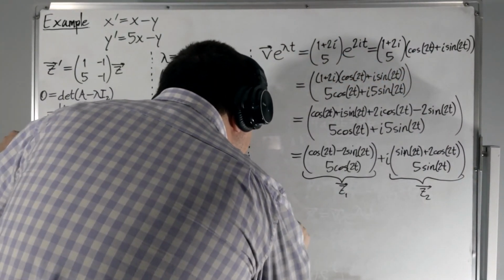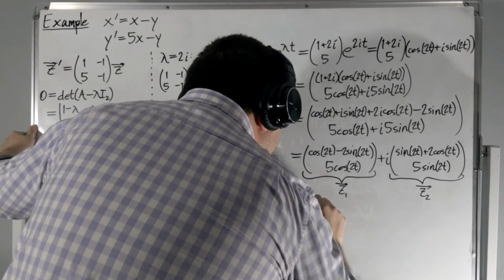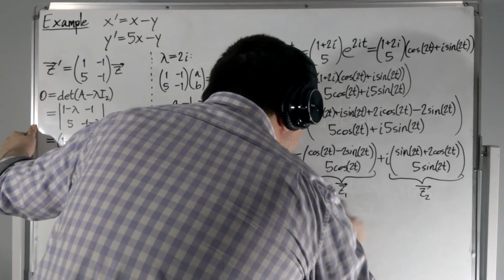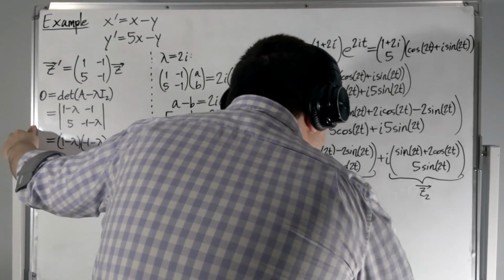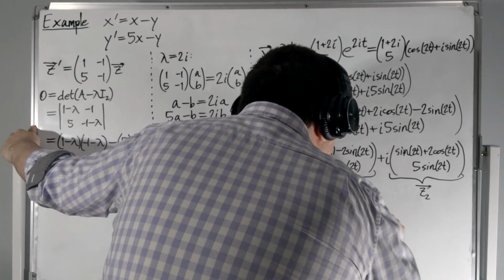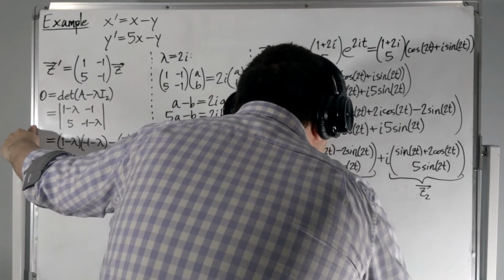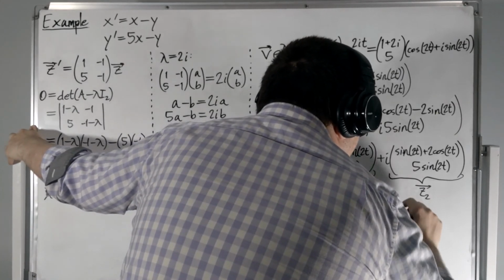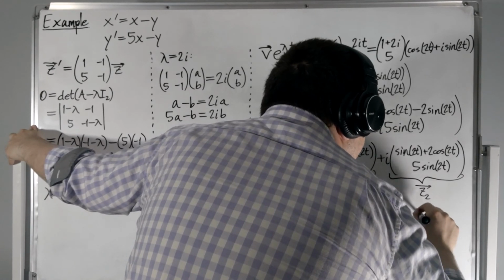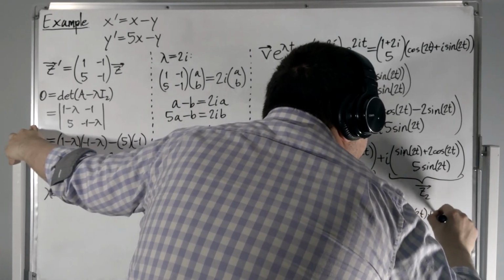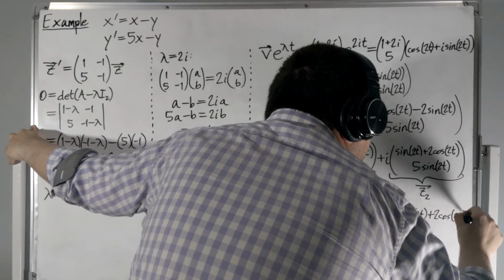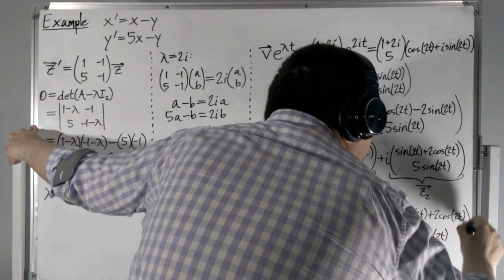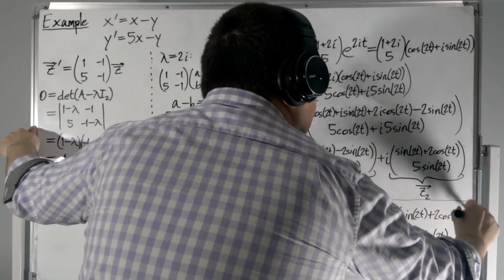So then our general solution is C1 (cosine 2t minus 2 sine 2t, 5 cosine of 2t) plus C2 (sine of 2t plus 2 cosine of 2t, 5 sine of 2t). And that is that.